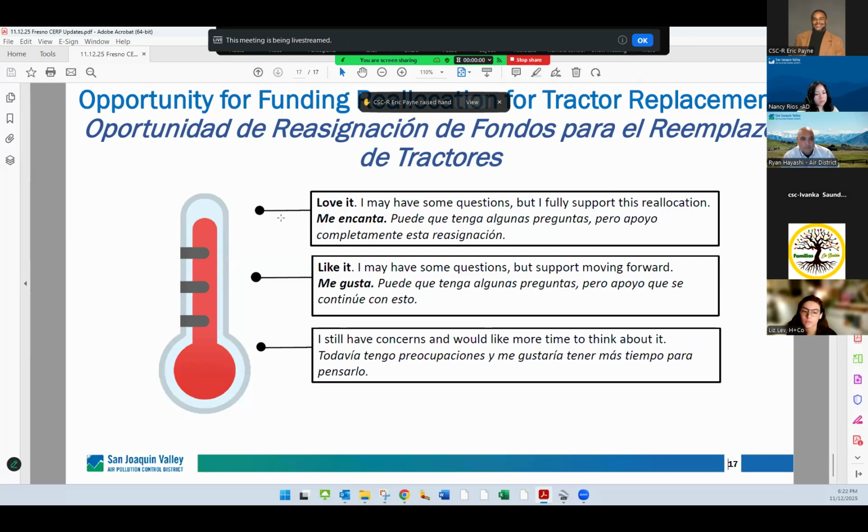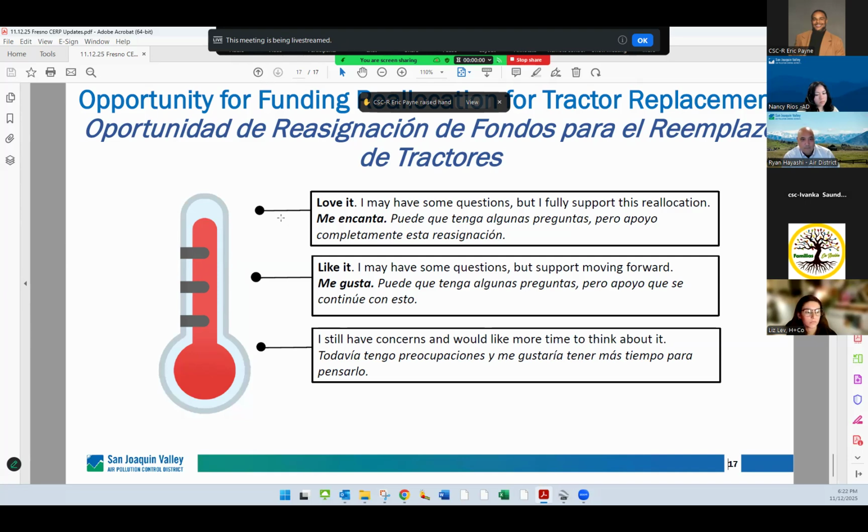So just to be mindful that I think the disposition is still the same. The conversation might not be as forward as it was then, as it is now, but I think the sentiments are still there.